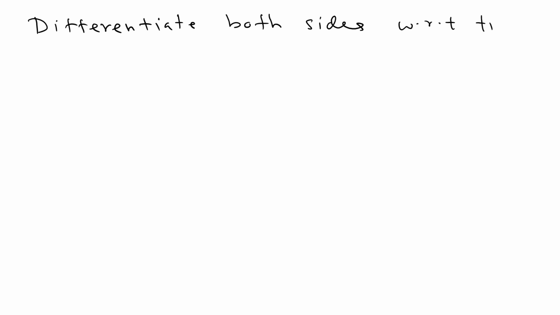So differentiate both sides with respect to time. Time we normally use the t variable. So what we have is V equals 4/3 pi r cubed.